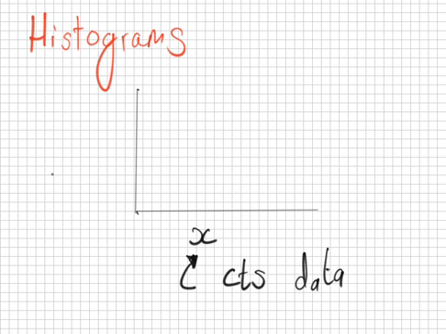What goes on the y-axis here is frequency per x. And what I mean by that is, if for example, let's say x is height in centimeters or something like this. So you would have maybe here 150, here 151, here 152 centimeters.